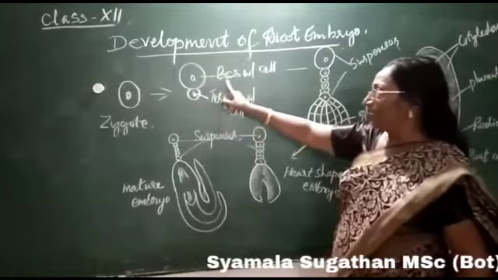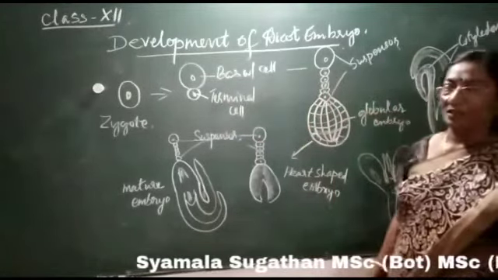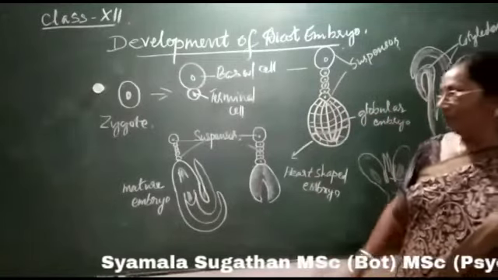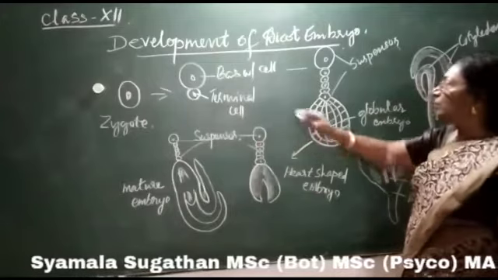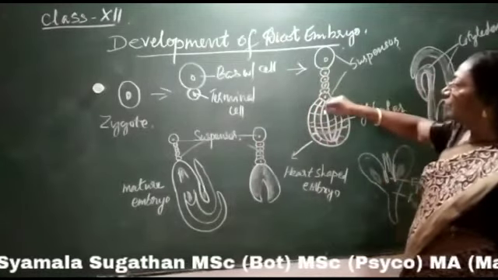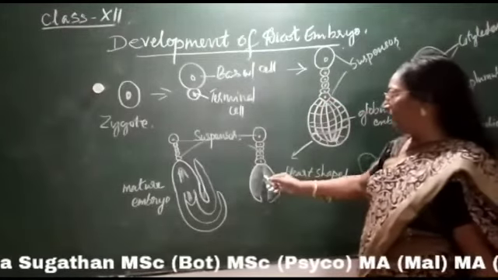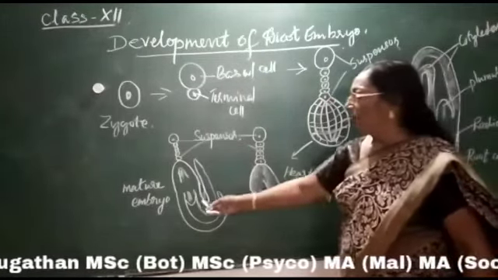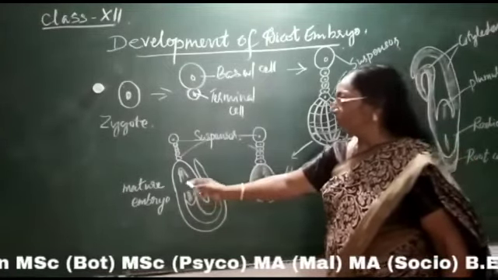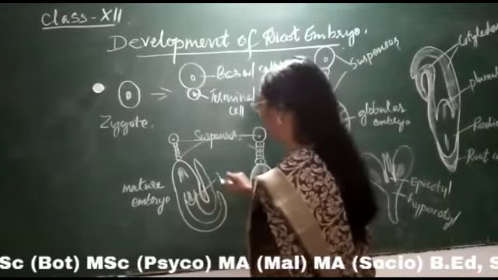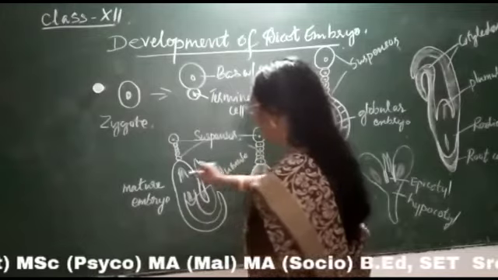The basal cell by repeated division develops into the suspensor for absorbing food materials, and the terminal cell first develops into a globular embryo, then into a heart-shaped embryo and an embryo proper with two cotyledons and an embryonal axis with a plumule and radicle.